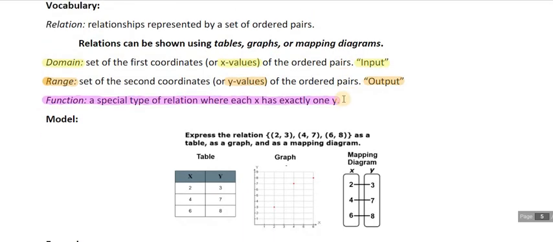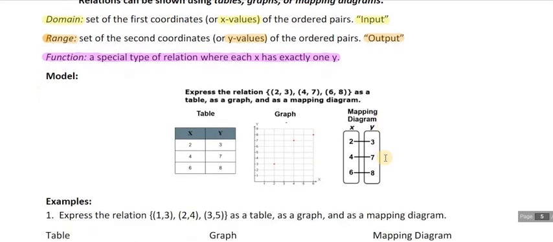So here is a model of expressing relations using a table, a graph, and a mapping diagram. Okay, so the relation has a series of ordered pairs listed out here. And then those ordered pairs were written in a table, plotted on a coordinate plane, and then put in this mapping diagram. How does the mapping diagram work?